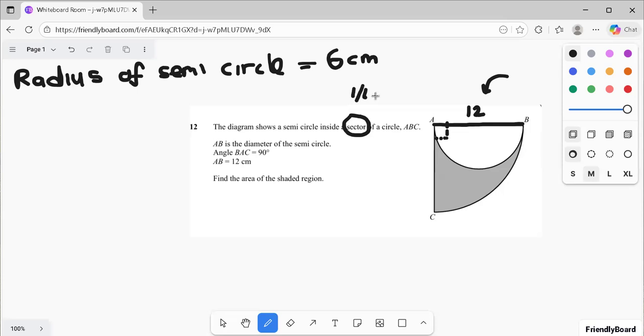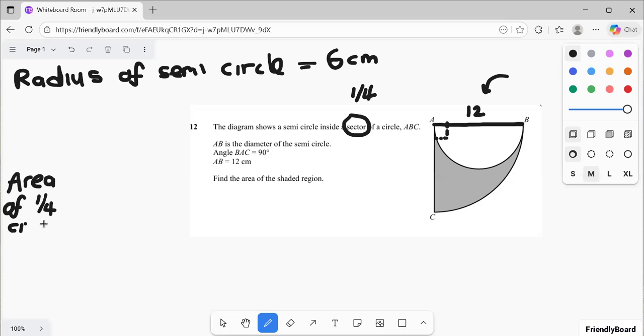Okay, so what I'll basically do here is apply that concept that I told you about. I'm going to find the area of the sector. No, sorry, the area of the quarter of the circle.